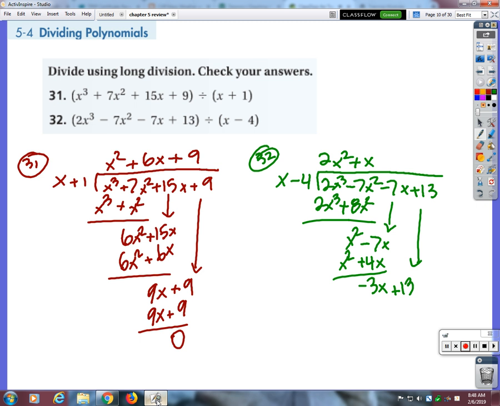Aaron, finish it out. What's negative 3x divided by x? Negative 3. Okay, now multiply those together. Plus 12, okay? Then if I subtract, those cancel. 13 minus 12 is 1.